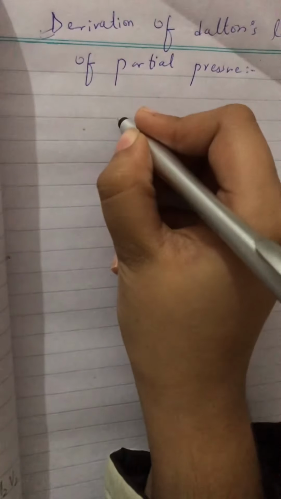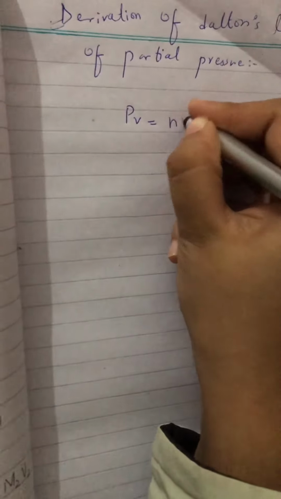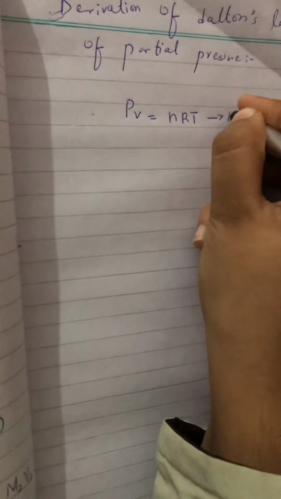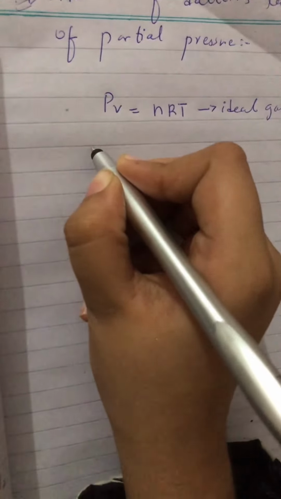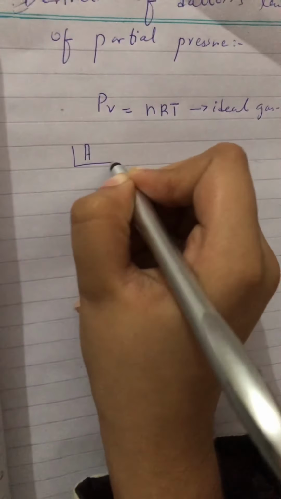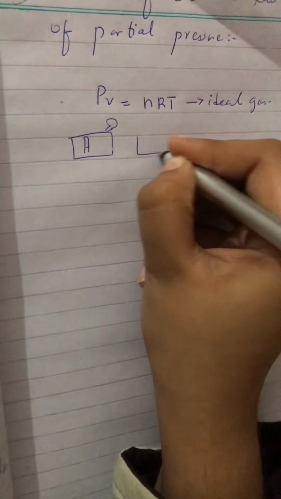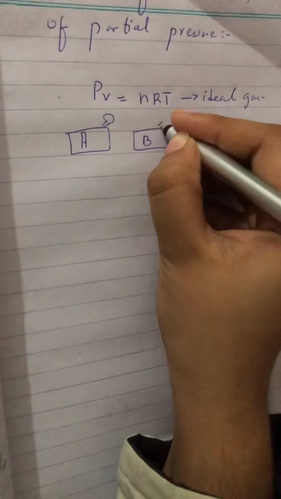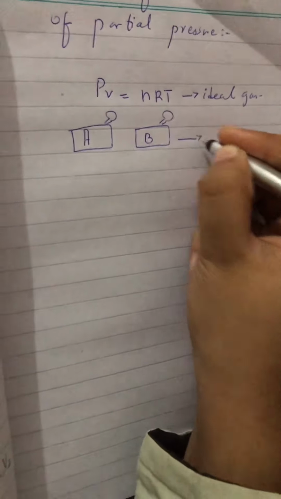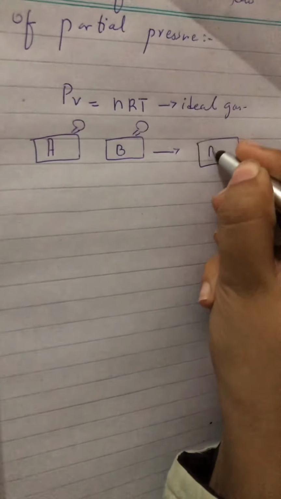Suppose here, what was the equation? That is PV equals nRT, the equation of an ideal gas, right? So suppose here we have gas number one, A, in one container, here is a pressure meter, and gas number two, that is B. When we mix these gases, it will be AB.